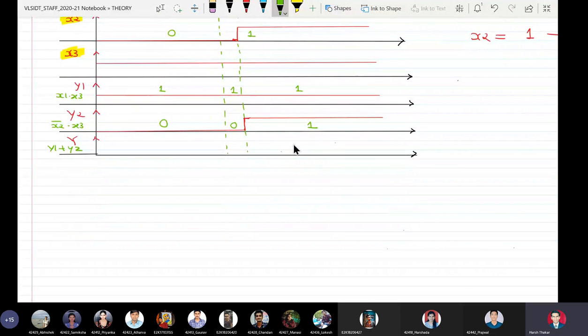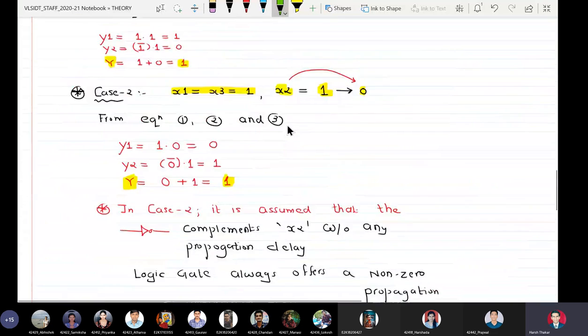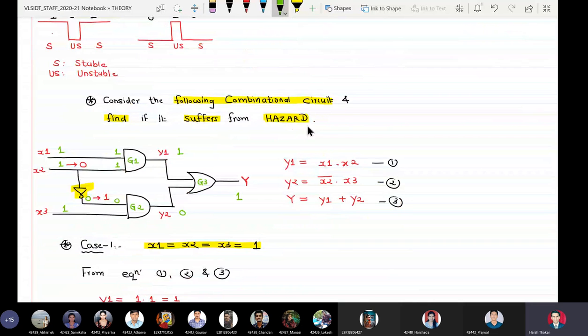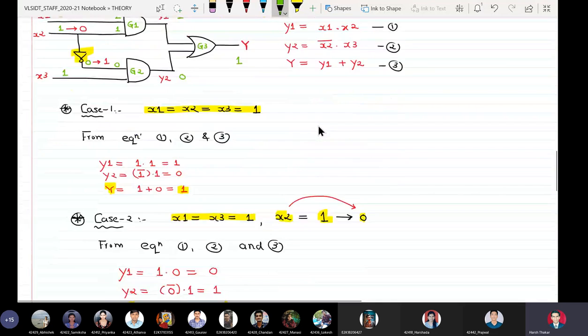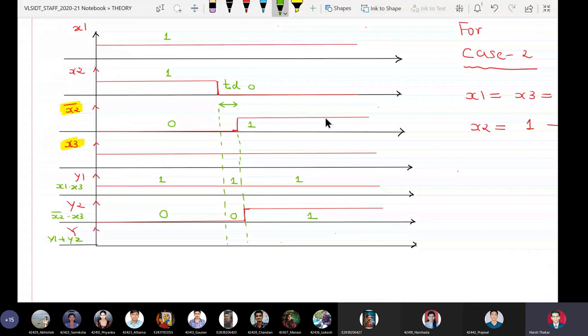Actually, you never pointed out, I made a mistake here. I think people are not just attending the class. Y1 is x1 and x2. So x1 and x2 is there.